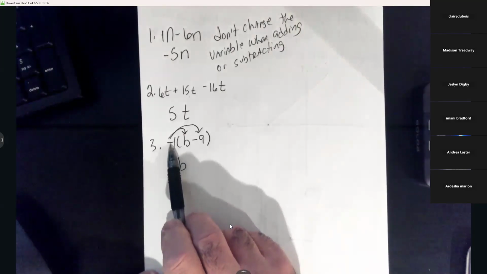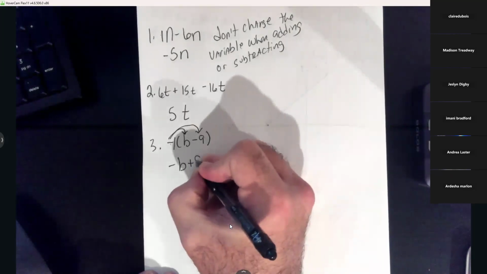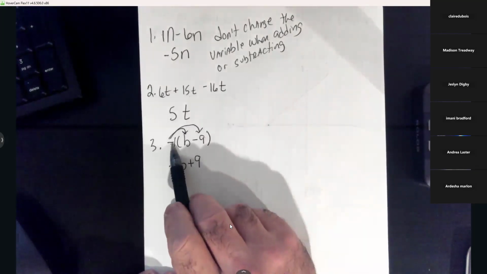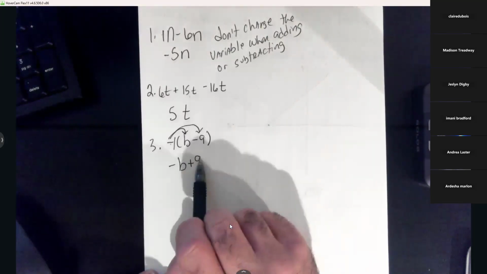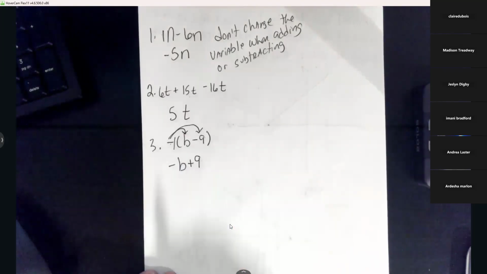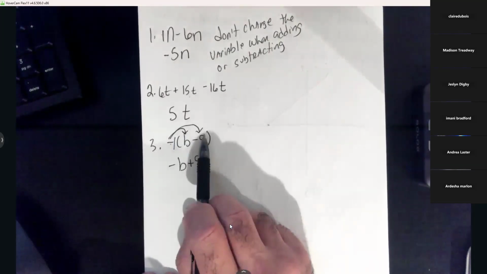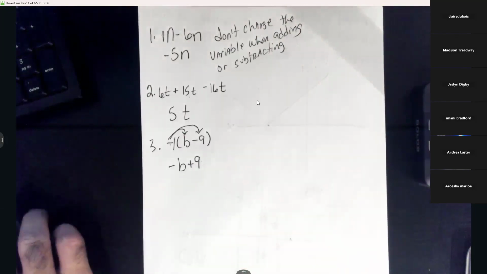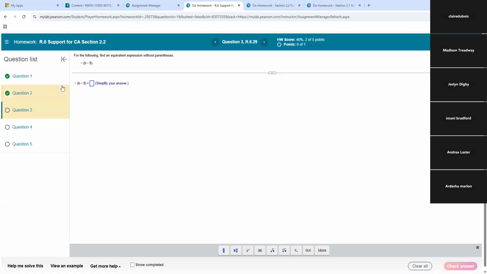And then how about this? That -1 times that -9 makes that a +9. So if you're subtracting and then you've got parentheses, it basically changes all the signs. That went from positive to negative. That went from negative to positive, okay? So treat a minus like a -1 and multiply through those parentheses. So that one gave me a -b plus 9.